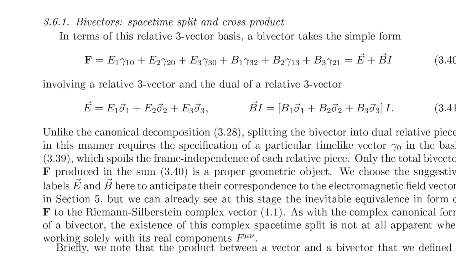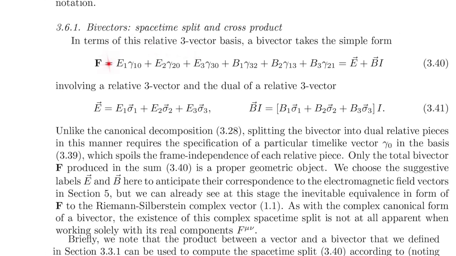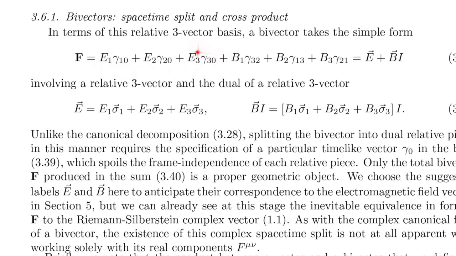But we are splitting it into these 2 parts. The part that we're going to give coefficients called E, and that part will be a relative 3-vector, right? This is a relative 3-vector right here. And this is what's left, which we haven't really given a name to, right? We've given a name to a relative 3-vector, but we haven't given a name to what's left.